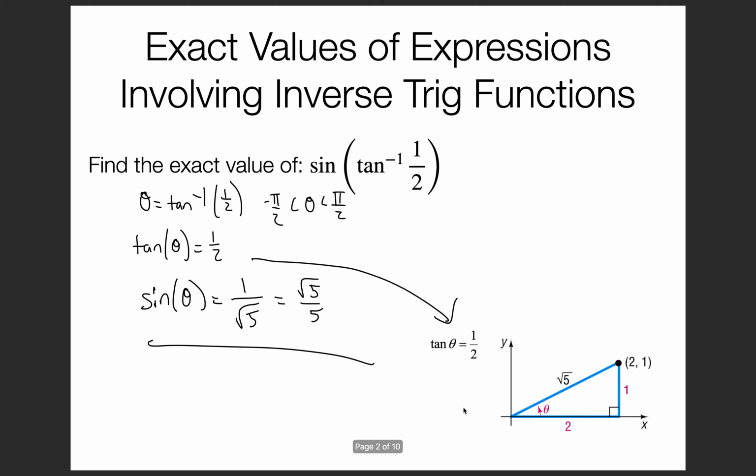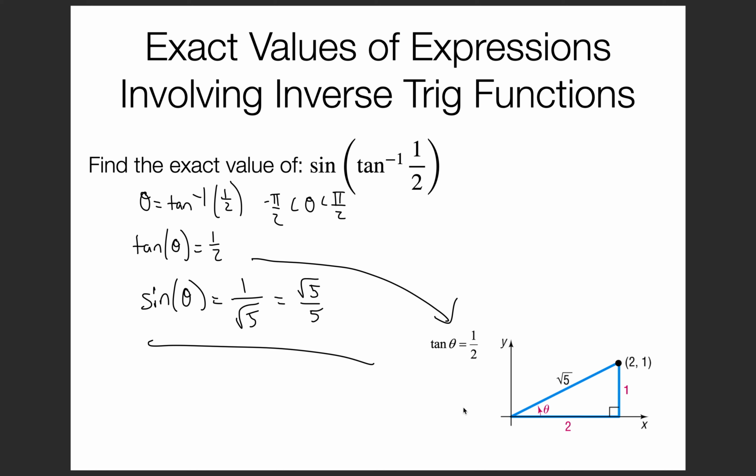So let's first look at an example of putting together an inverse function, but not with the regular function counterpart. In the last couple videos, we talked about sine and sine inverse and how they work together, but we didn't talk about how inverse functions of other ones work together. So here's an example.